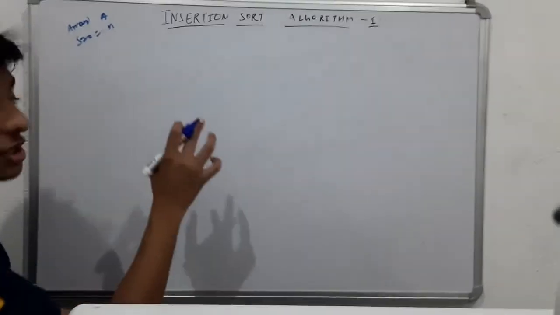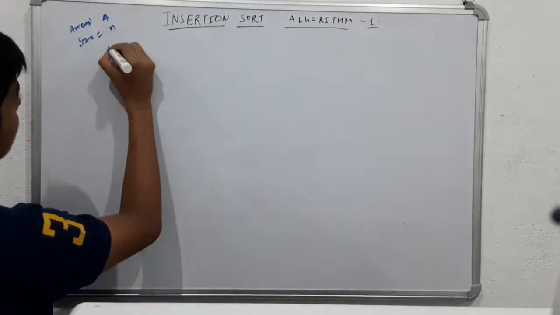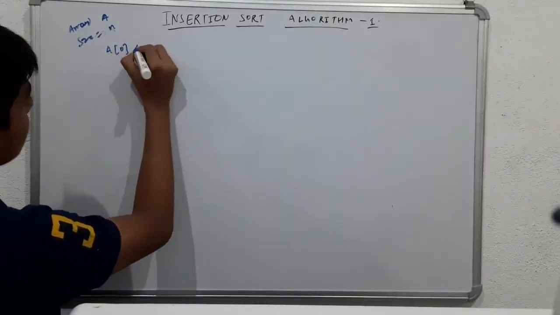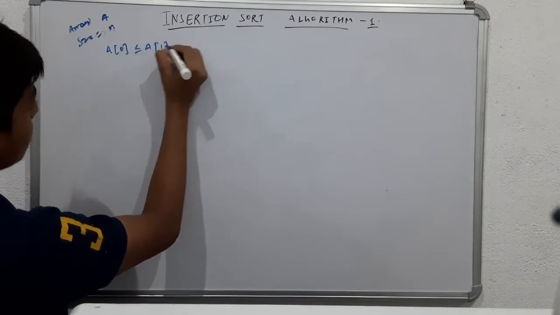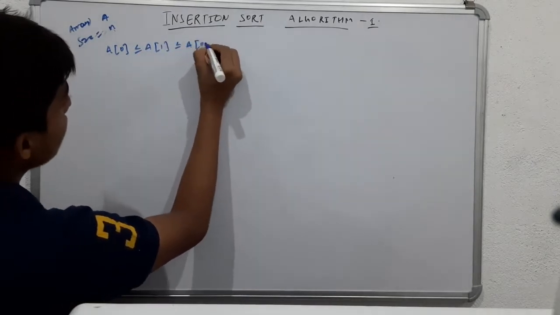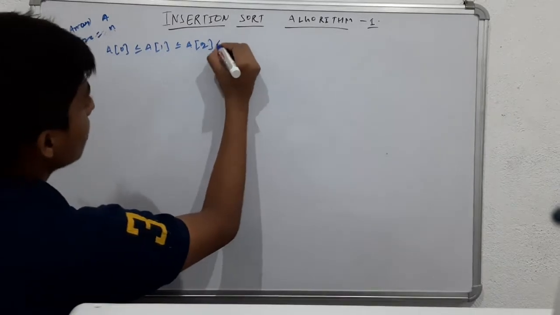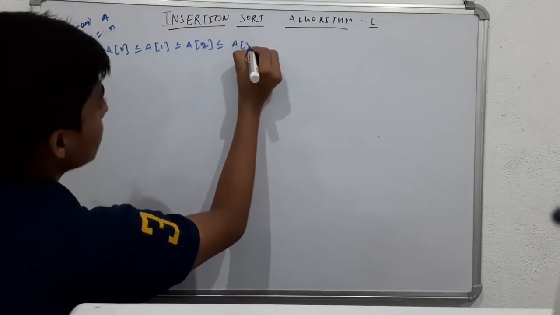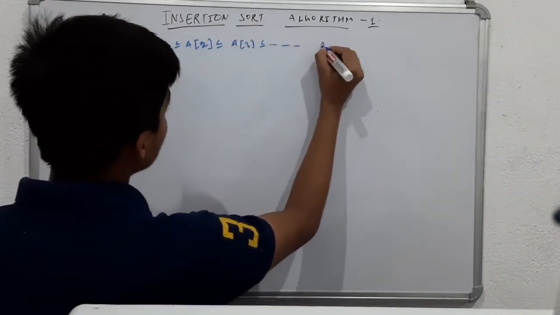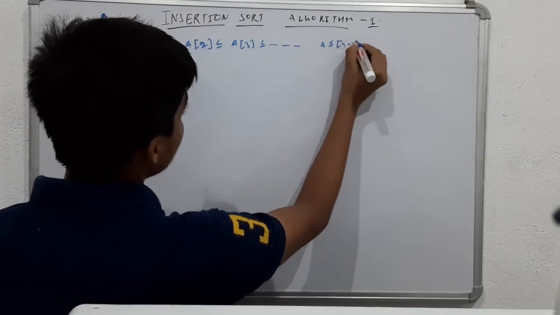Now the condition on the array is such that a0 is less than or equal to a1, is less than or equal to a2, is less than or equal to a3, and so on, up to an minus 1.